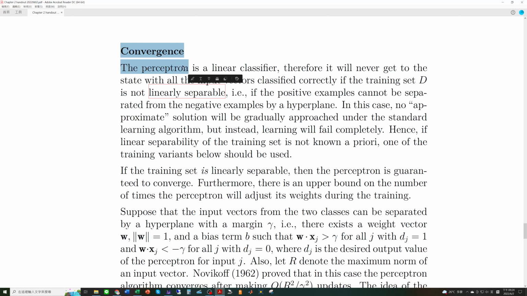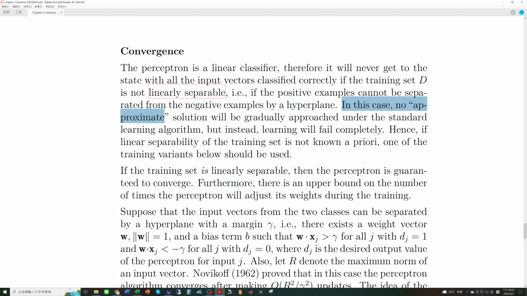Convergence. The perceptron is a linear classifier. Therefore, it will never get to the state with all the input vectors classified correctly if the training set D is not linearly separable. I will introduce the meaning of linear separable later. That is, if the positive examples cannot be separated from the negative examples by a hyperplane.